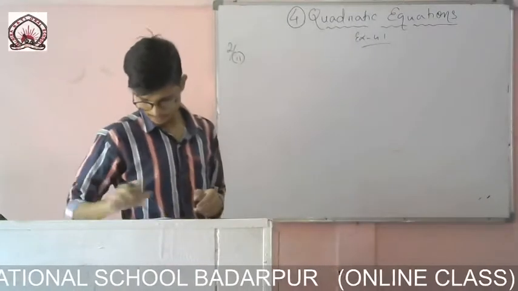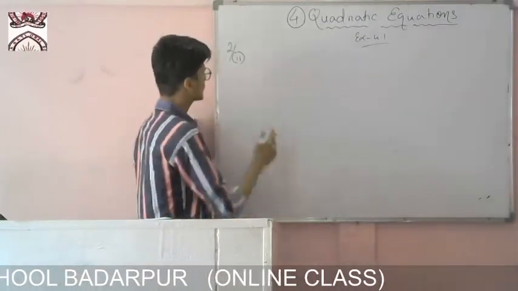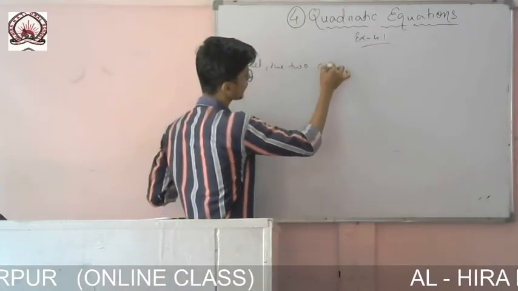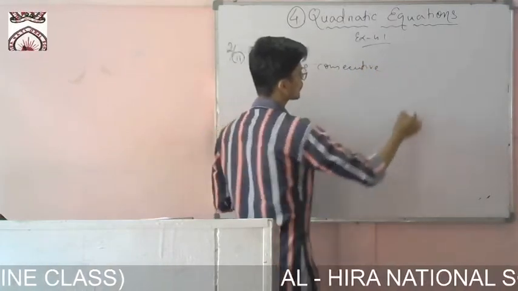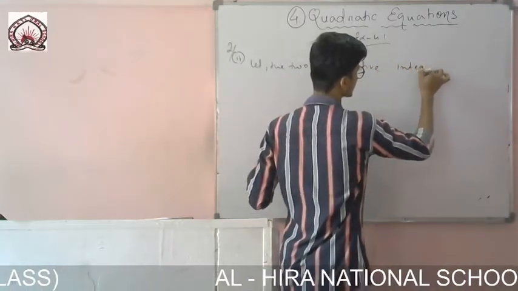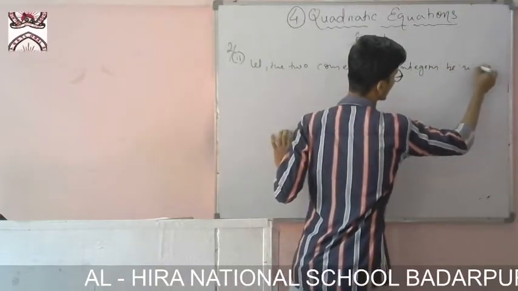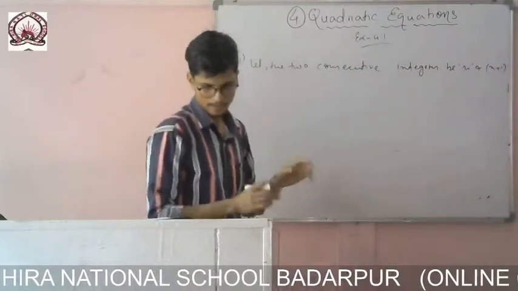So you write like this: let the two consecutive integers be x and x plus 1.